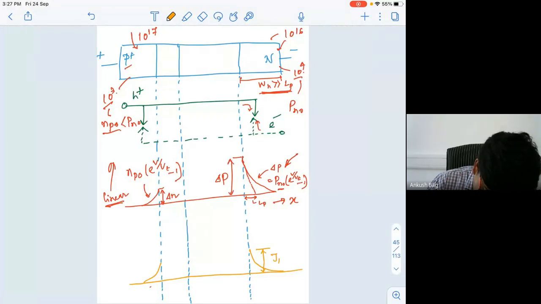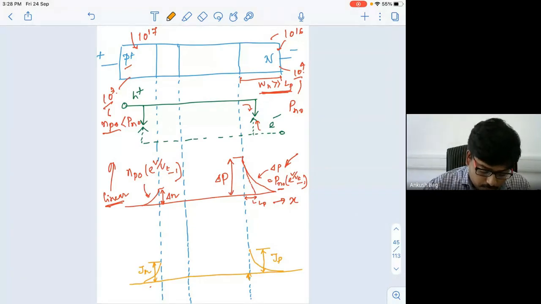This is the current density due to the hole concentration, injected holes at the depletion edge. This is the edge, and it will also vary exponentially. And this is the current density due to electrons at this depletion edge. So this is the Jn.